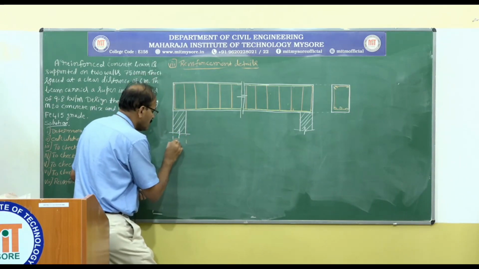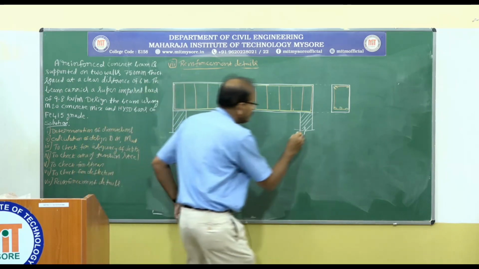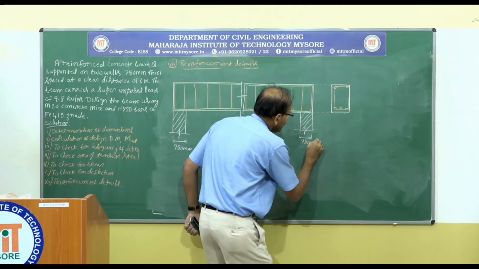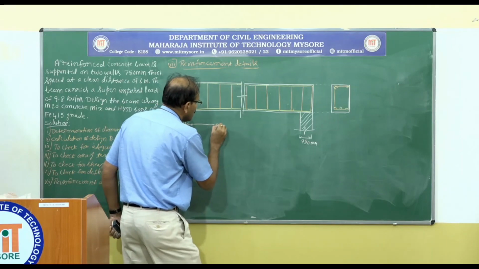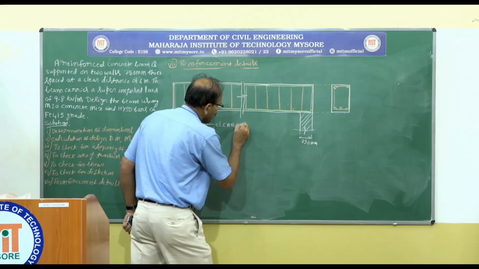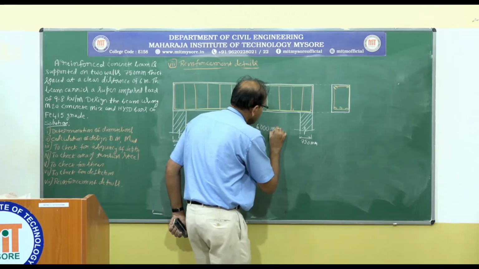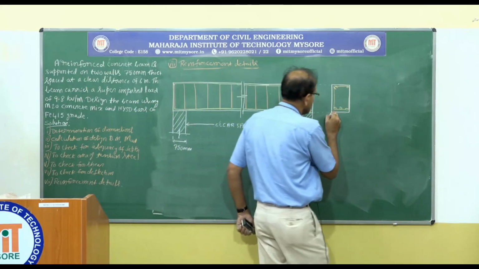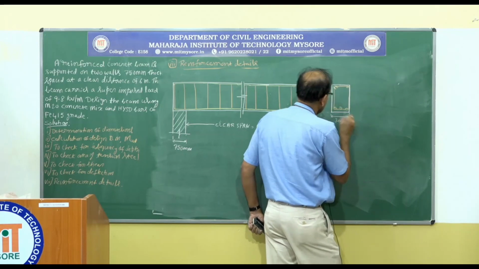Okay, this is 750 millimeter, 750 millimeter. Clear span equal to 6000 millimeter. This is the width, that is equal to 300 millimeter.